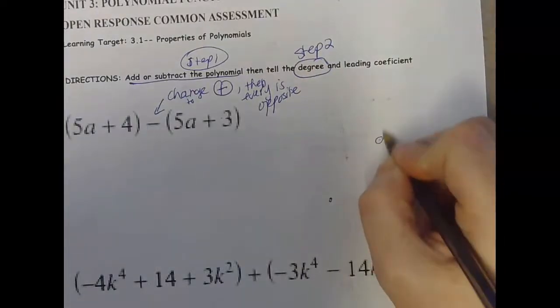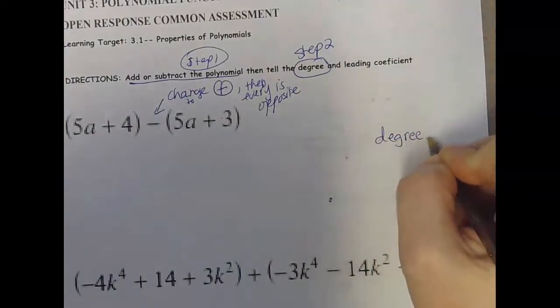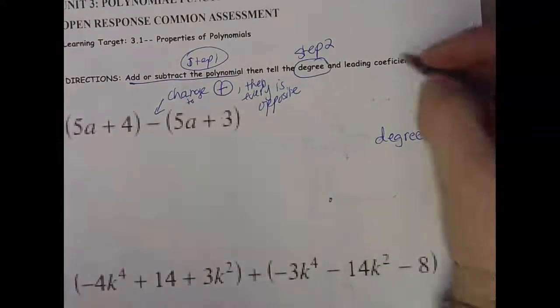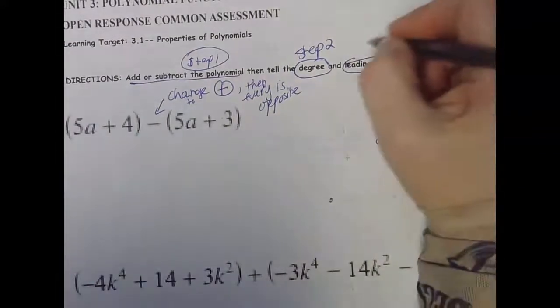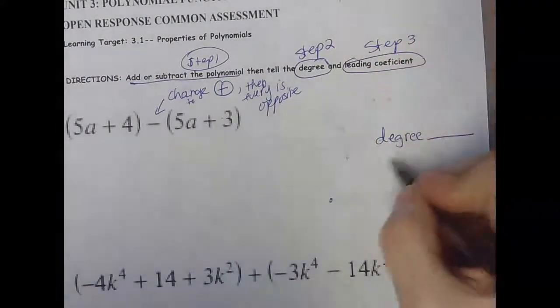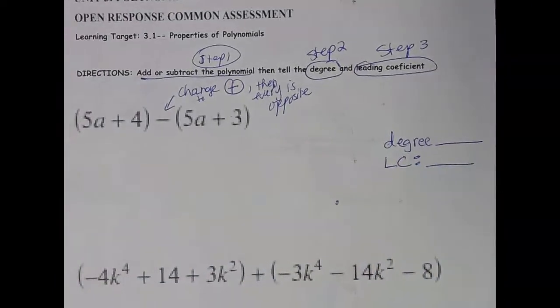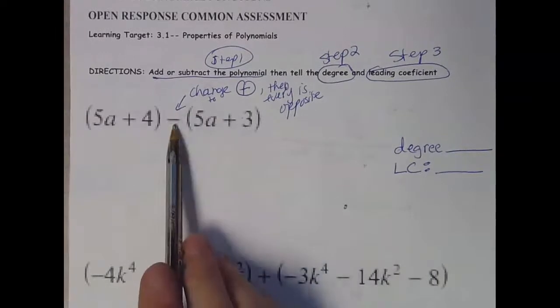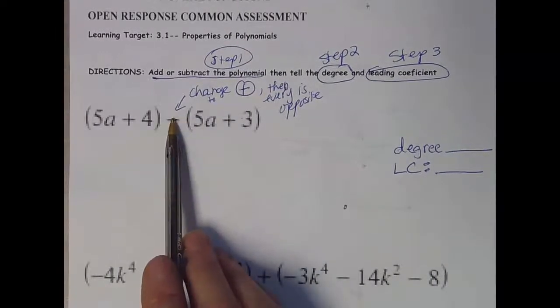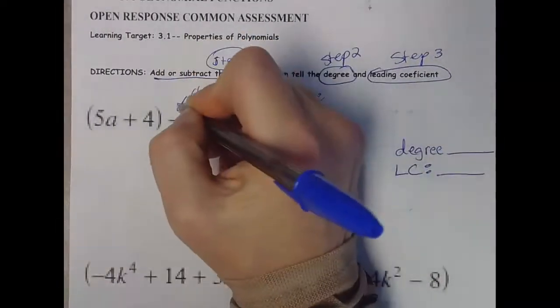So you can put over here degree. And I want you to tell me the leading coefficient. And you can put LC and just tell me what it is. Okay? So the subtraction ones are probably harder, but again, follow the steps and it should be okay.